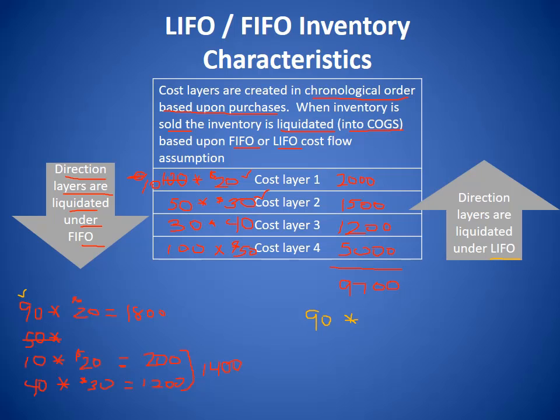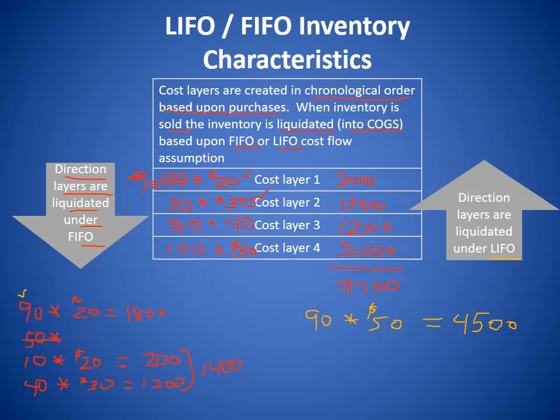So I take 90 units from my 100 unit cost layer and multiply that times the unit cost of $50. In that case, the costs are going to come out to $4,500.